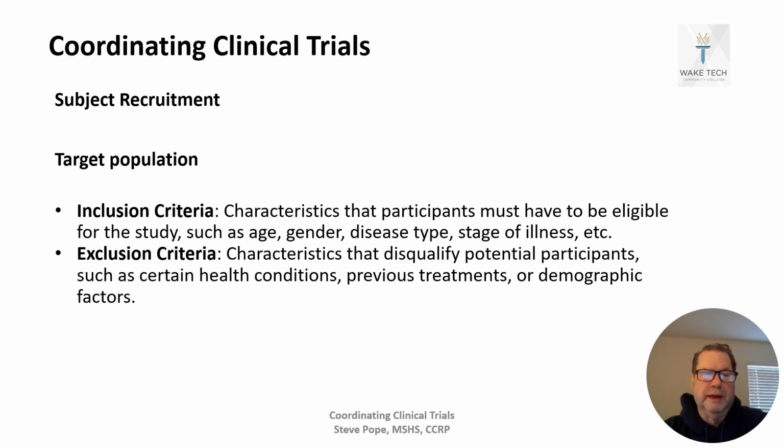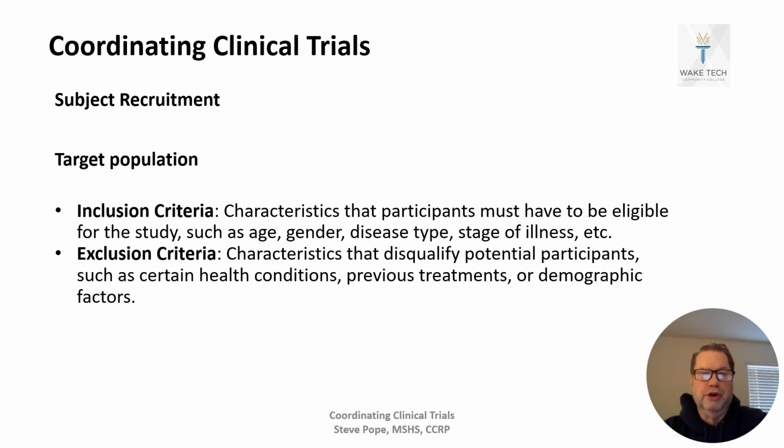These are characteristics that disqualify a participant from participating in the trial, and these could include certain health conditions that they may have. They might have previous treatments that they've been involved in that could be exclusionary, or there might be demographic factors that make them ineligible for the trial.